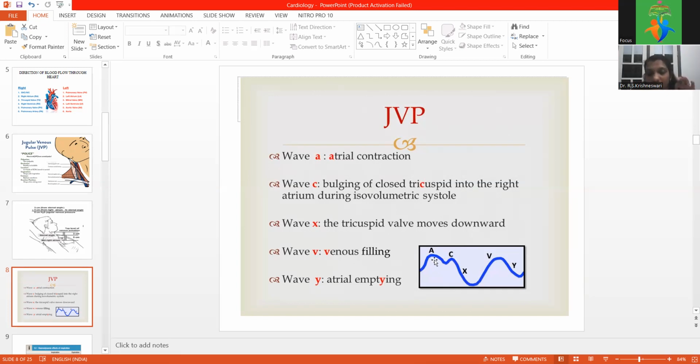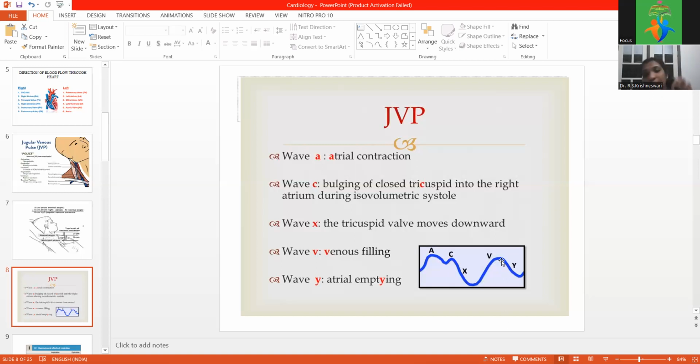A is atrial contraction or atrial systole, and X is due to the downward movement of the tricuspid valve, that is, closure of the tricuspid valve. This C wave is produced by a small pressure which happens due to the upward movement of the closed tricuspid valve towards the right atrium. So you are clear, I think. A, C, and X. Then V.